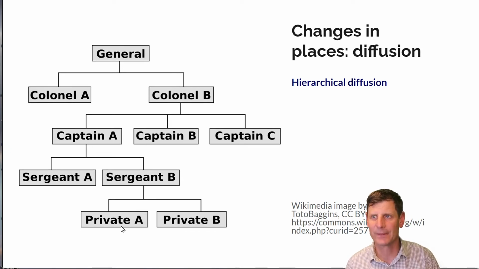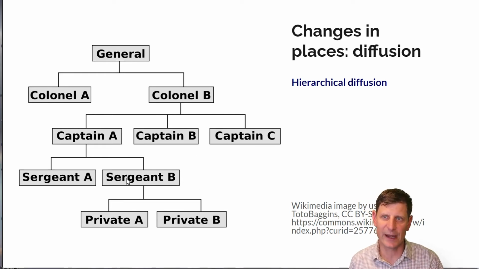But if a general says, you all can do it the way you want to, I don't care, you decide, and Colonel A decides to do a process one way, but Colonel B decides to do it a different way, then everyone under Colonel B's command adopts that practice, but not everyone under Colonel A's command adopts that practice.